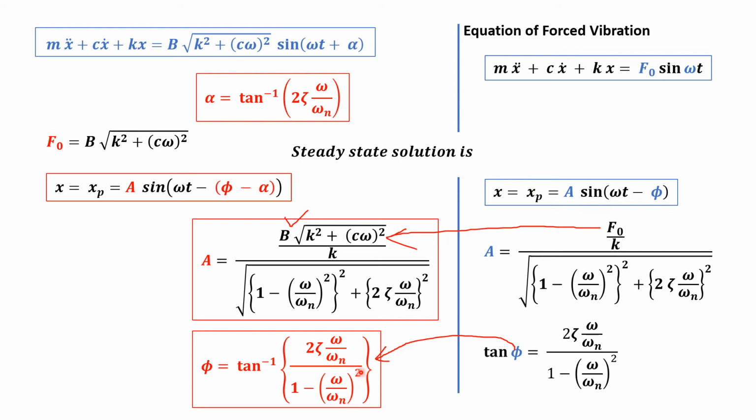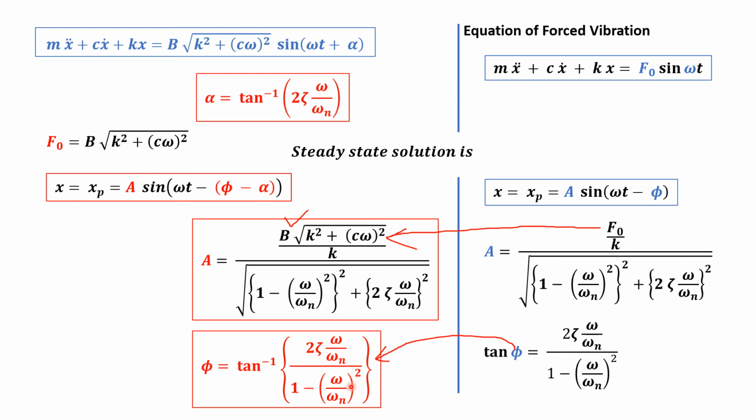So what is the summary? For this differential equation, the solution will be of the type a sine omega t minus phase difference of phi minus alpha, where phi will be given by this relation. Damping ratio is known, frequency ratio is known.